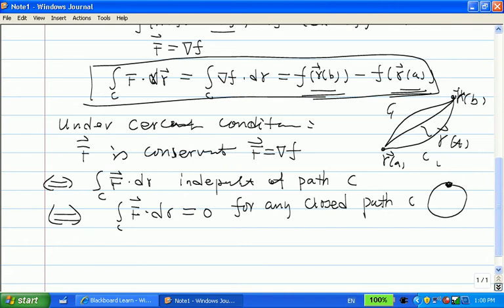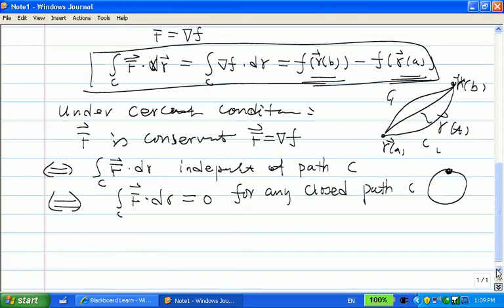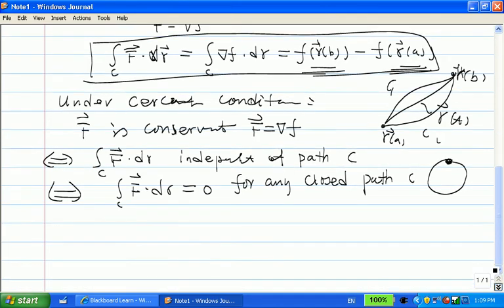Now, this tells you if your vector field capital F is conservative, then you can find a small f, then you can find this line integral just by evaluating at two points, just like the fundamental theorem of calculus. Okay, so how do you know whether a given vector field capital F is conservative?